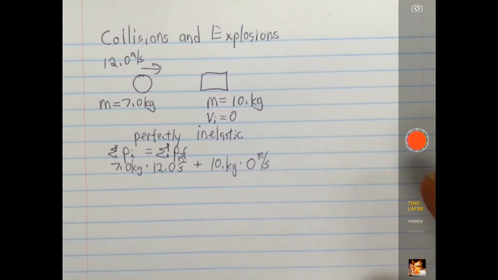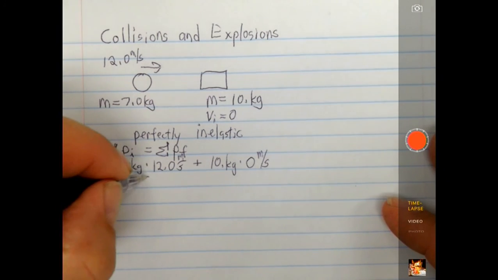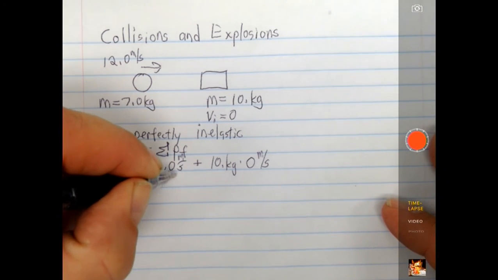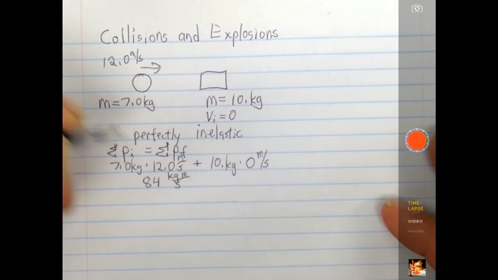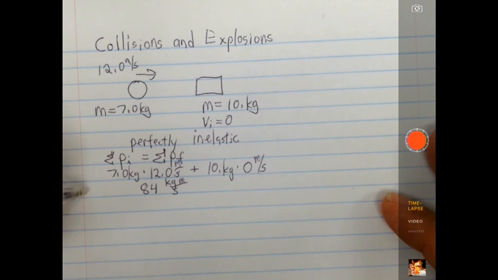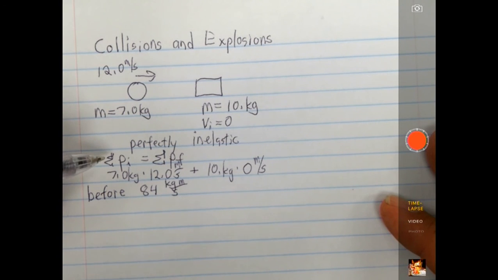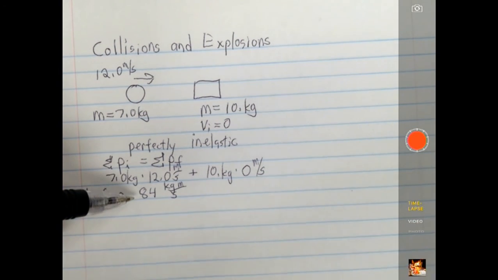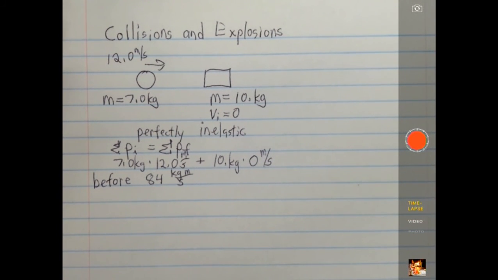Well, that means I have 7 times 12 is 84 kilogram meters per second. This is all before they collide. After they collide, it still has to add up to a total of 84 kilogram meters per second.